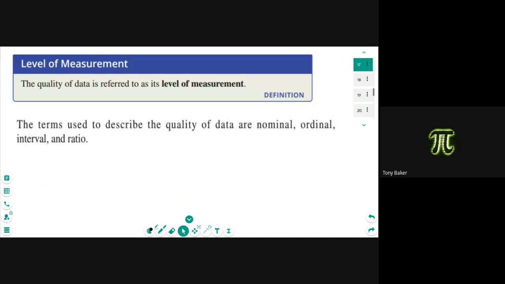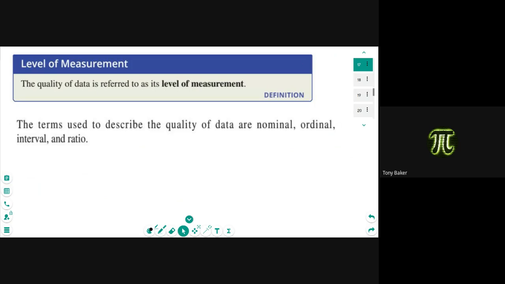Now the harder ones. So we've broken the data down into two different pieces. We've stated it's either qualitative or quantitative, correct? The quality of data, I can't stand the way they actually, how the people who created this, not this book in general, I do not understand why they called it this way. The quality of data is referred to as the level of measurement. Because we use these terms way different today than they probably did back then.